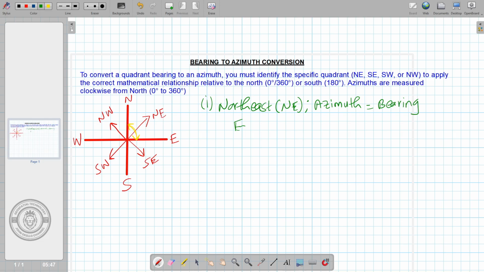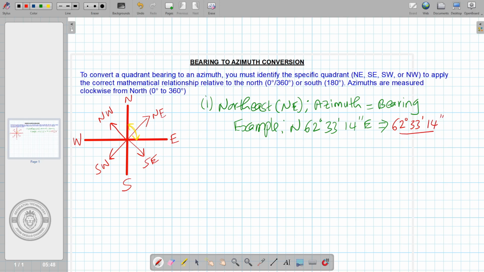For example, let's take an example of a bearing of 62 degrees, 33 minutes and 14 seconds E. This is just equivalent to 62 degrees, 33 minutes and 14 seconds.